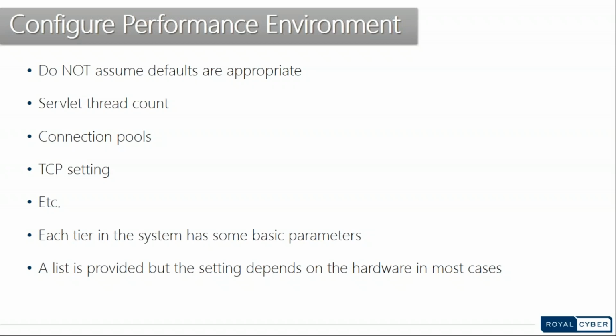Hardware is like a vehicle engine. If your engine is not capable of handling that much load, you can tune the parameters the way you want, but they won't give you the desired results because you don't have the hardware to handle that much load.